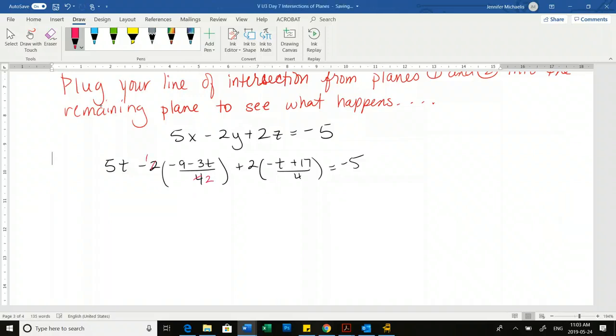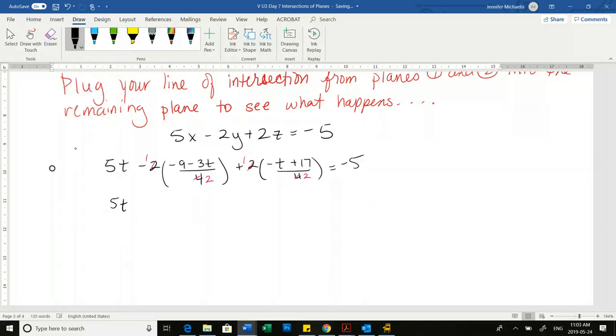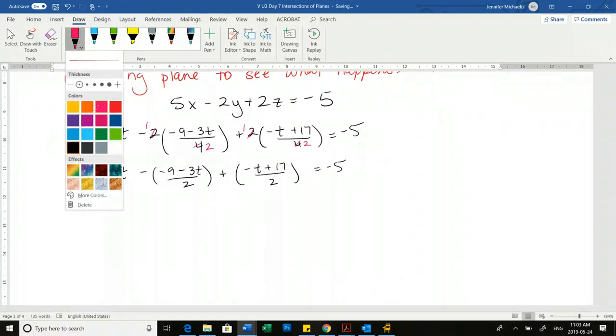So 1 and 2, and 1 and 2. T equals negative 3. You're right, too fast.